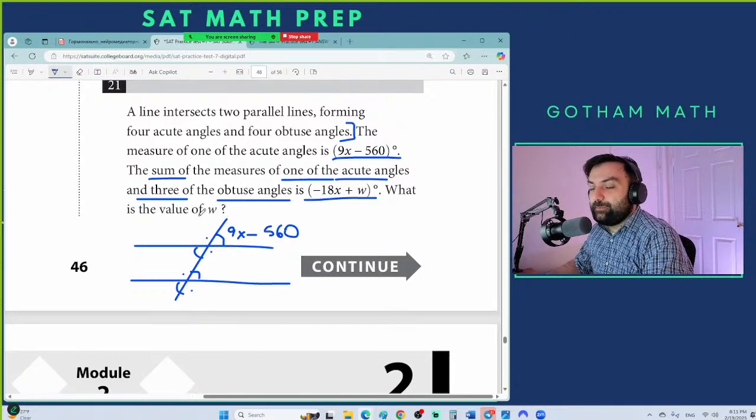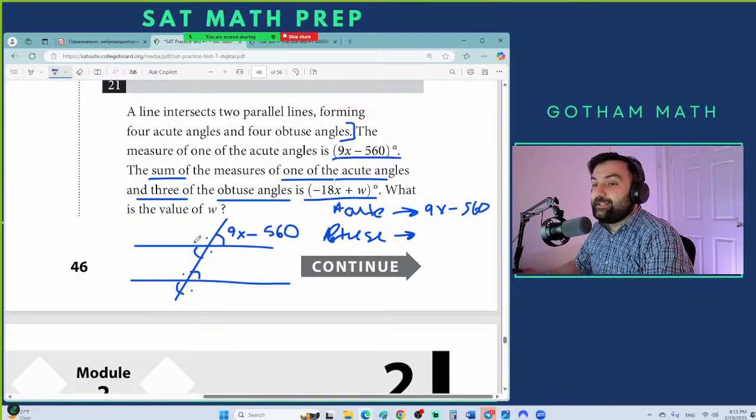So how can we represent the obtuse angle? We have the acute, which is 9x minus 560, and we have the obtuse. That's technically a supplementary angle with the acute one.